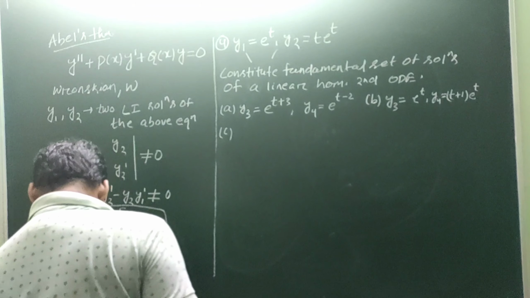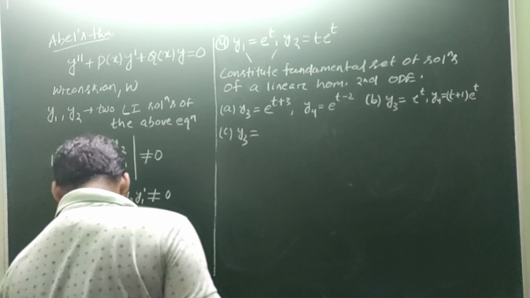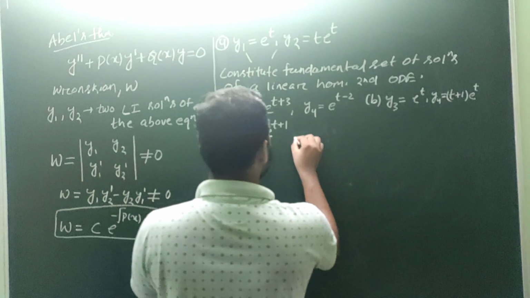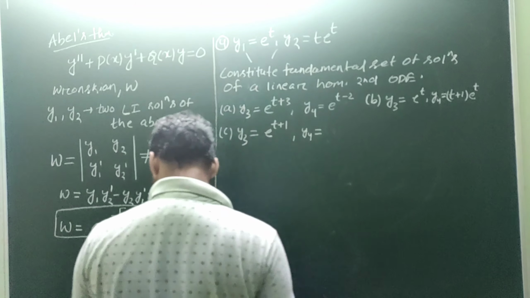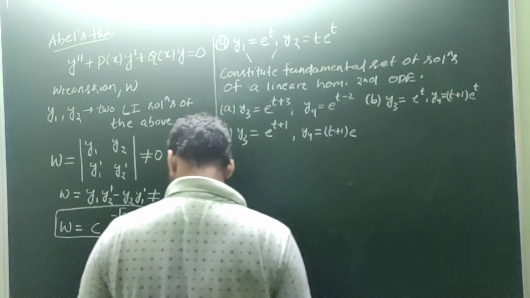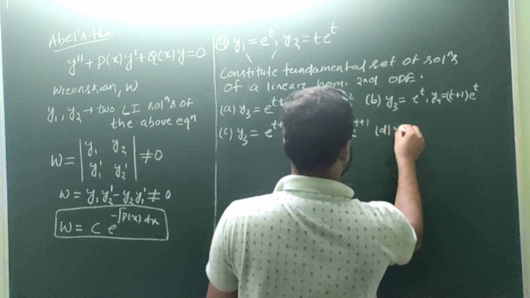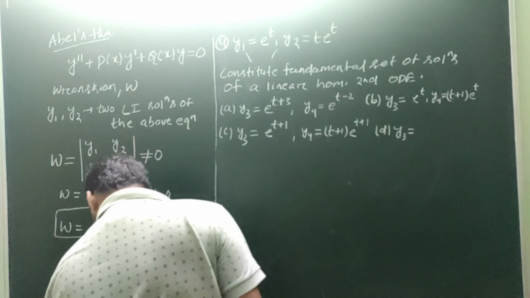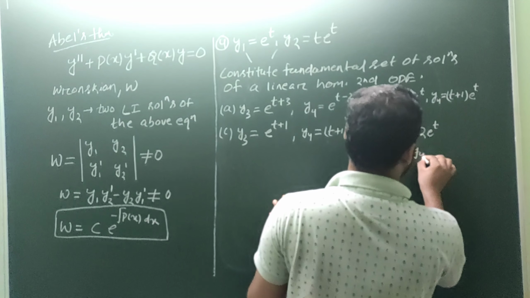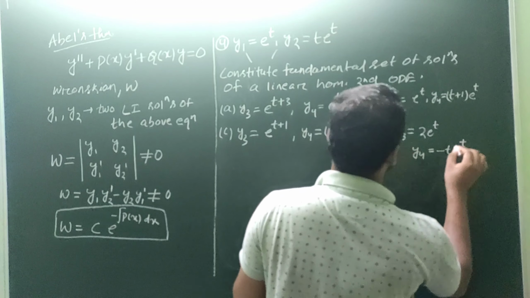Option C is y3 equals e to the power t plus 1 and y4 equals t plus 1 times e to the power t plus 1. And the last one is y3 equals 2e to the power t and y4 equals minus t e to the power t.